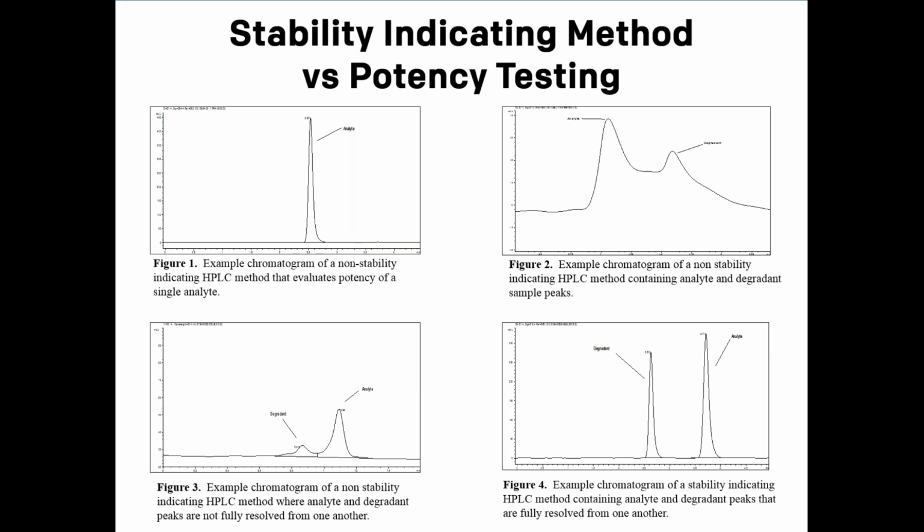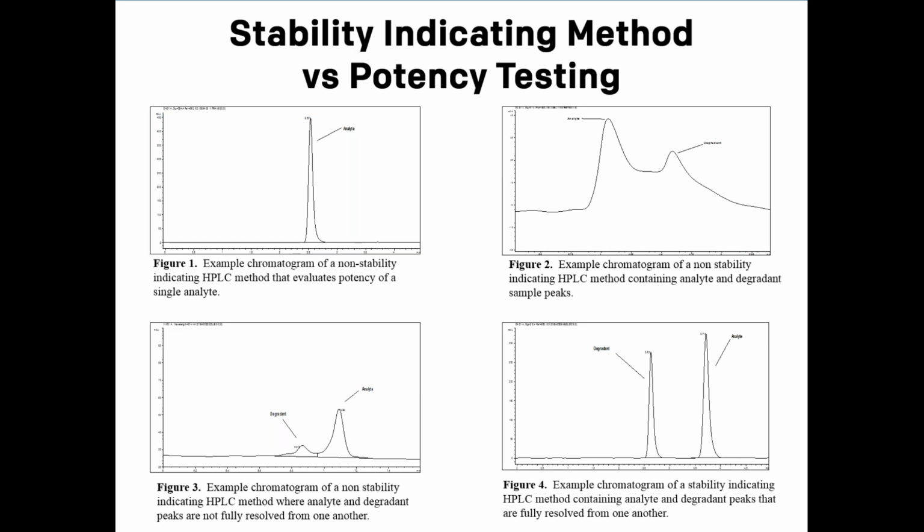And so we wanted to show here a series where you really can't adequately resolve the analyte from the degradant, from figure 2. And then as you tweak your method, you might continue to resolve those peaks and be able to accurately quantitate that analyte from the degradant, but it's still not sufficient. You need baseline resolution.